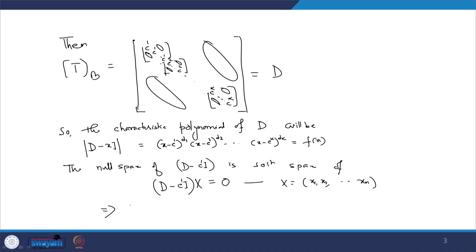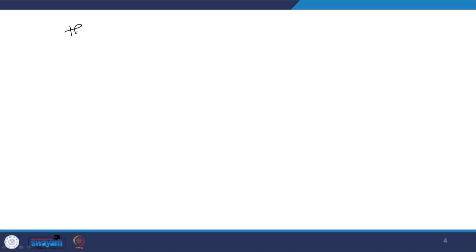This implies if W1 is the solution space of (D minus C1 I) x equal to 0, then the dimension of W1 will be the number of free variables, that is exactly d1, where all other entries are 0.